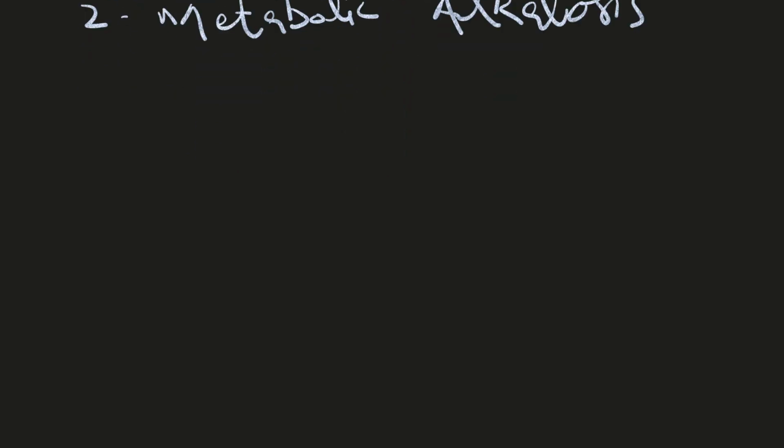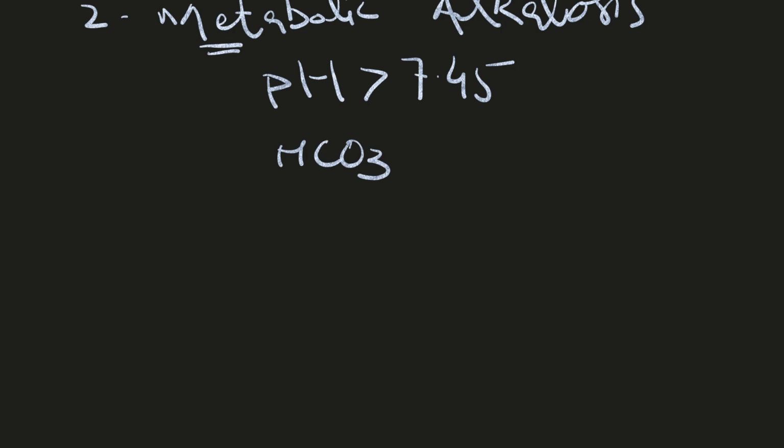So what about metabolic alkalosis? We know that in alkalosis, the pH should be more than 7.45. It should be towards the basic side. As it is metabolic, bicarbonate will be the culprit here. Bicarbonate is a base in nature, I have already told you. So the quantity of bicarbonate in the ABGs will be higher.